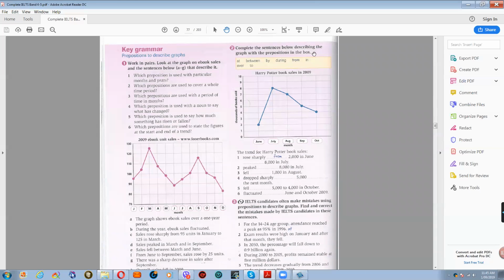Okay, complete the sentences below describing the graph with the prepositions in that box. Yeah, I see it. Okay, number 1, rose sharply from... To. To, yep, so scratch that off.